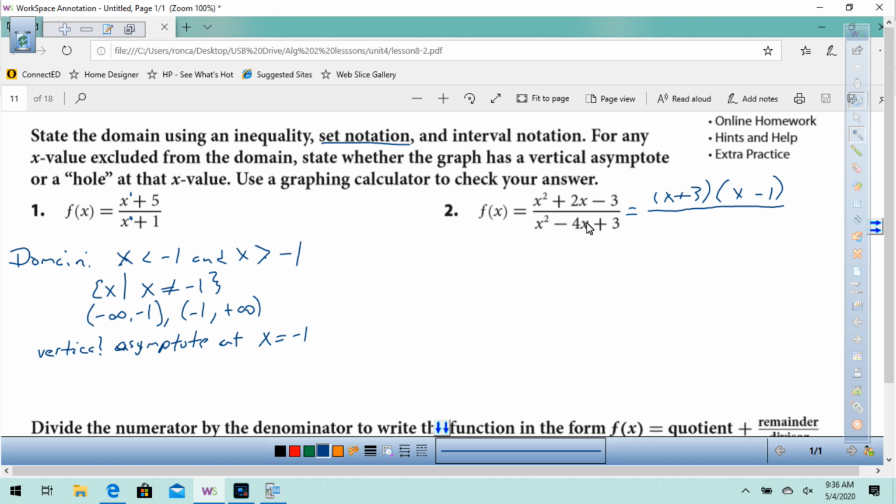Here on the bottom, we're going to have x minus 3 and x minus 1. Now, it's important to do this because this lets you see what's going to happen in a minute.